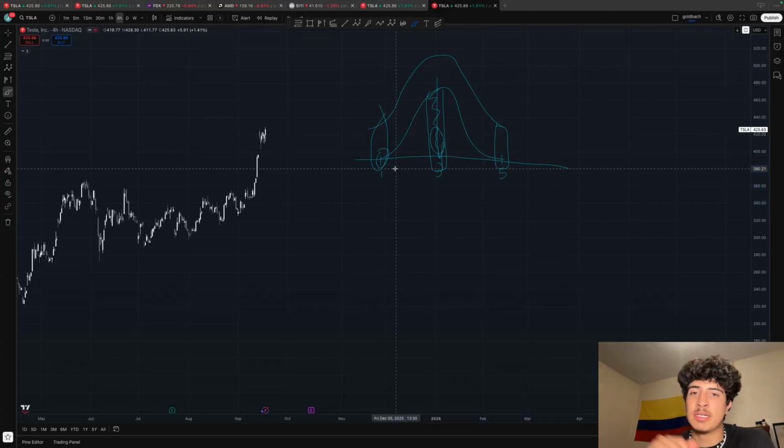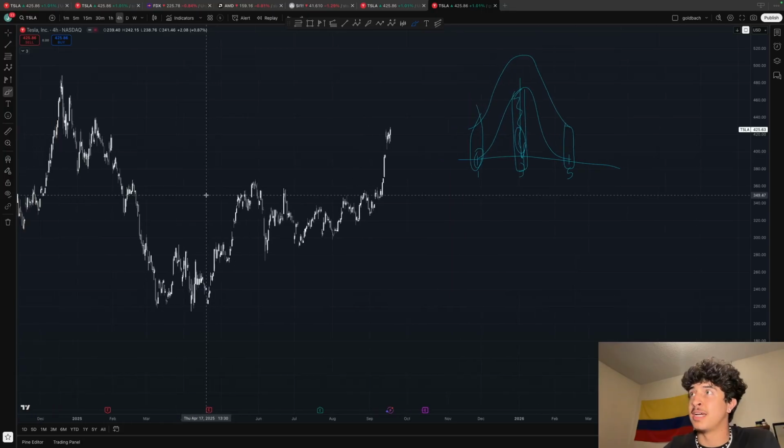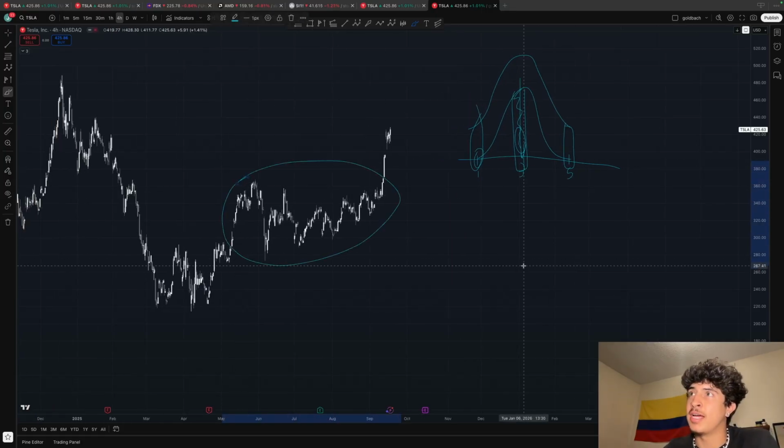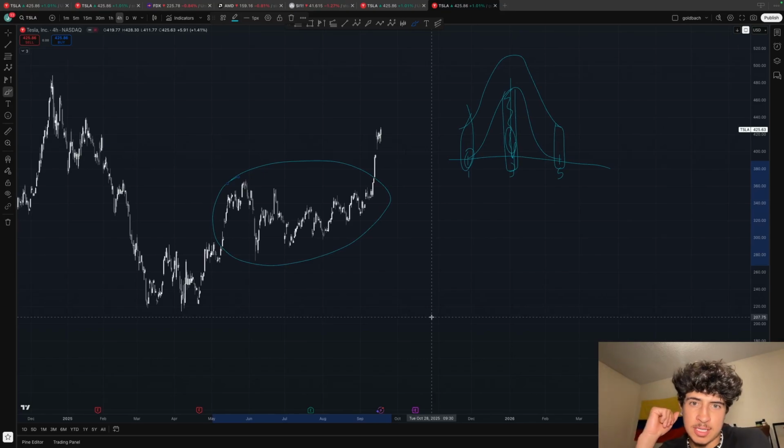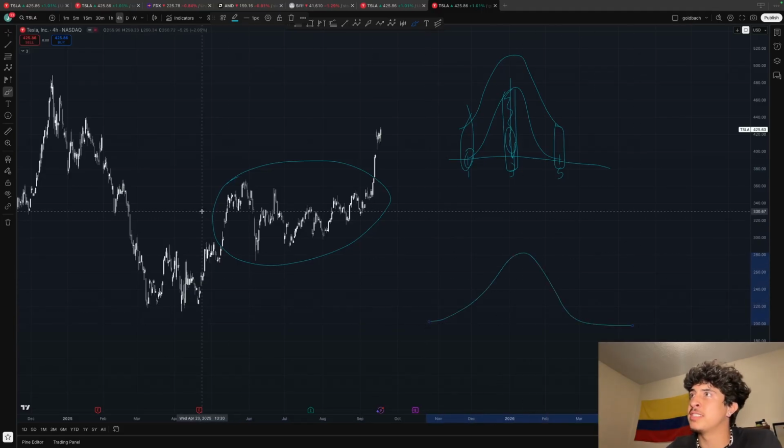And now what we're going to do is relate that to the stock market, okay? So this is Tesla, and we're going to take this area, okay? And we're going to turn this data set of price into a distribution curve, okay? So you have a distribution curve here, and your average price looks to be around right here, right?